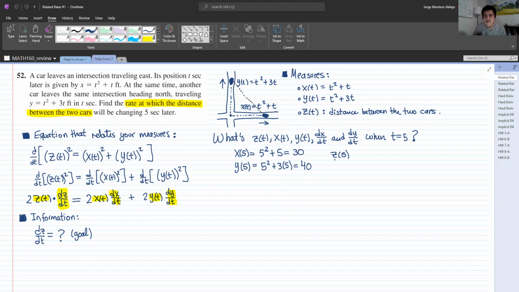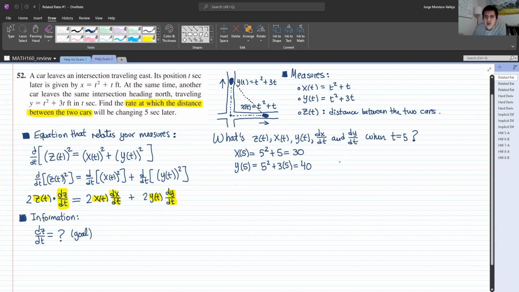But we know that z of t depends on y and x of t because of that right triangle relation that they have, right? That Pythagorean formula that we wrote down. So we can figure out what z of 5 will be, given x of 5 and y of 5.